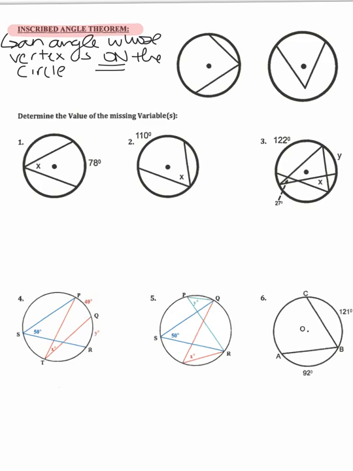For an inscribed angle, the vertex is on the circle. If we look at these pictures, here's my vertex and here's my vertex. Which one of those is on the circle? Well, that's this one. This one is not an example of an inscribed angle because the vertex is not on the circle.